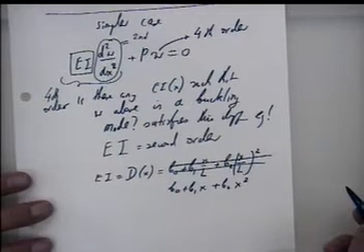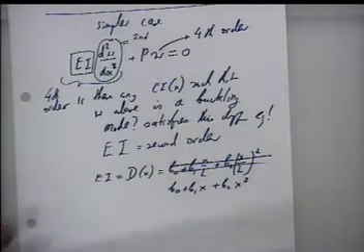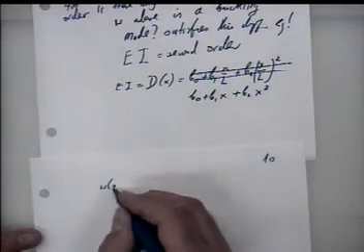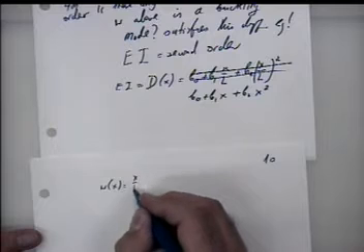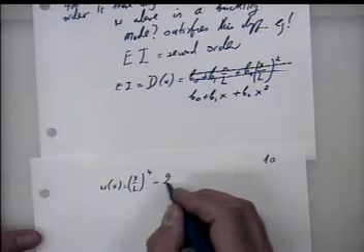Now, what happens is as follows. Look, please. So W of x equals what? X over L to the fourth power minus 2.